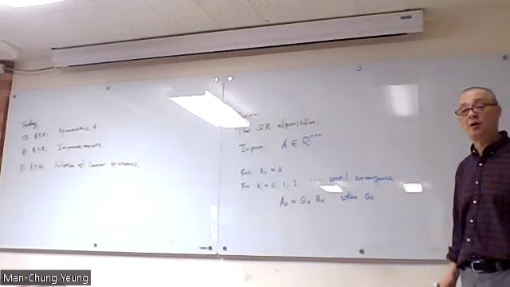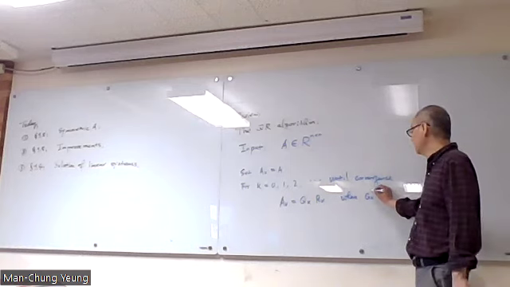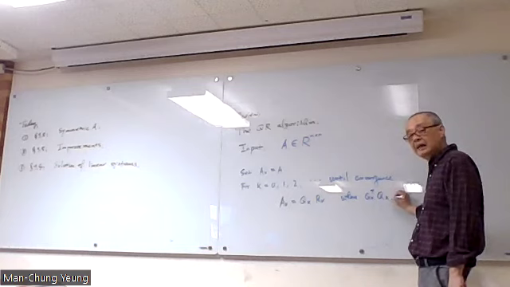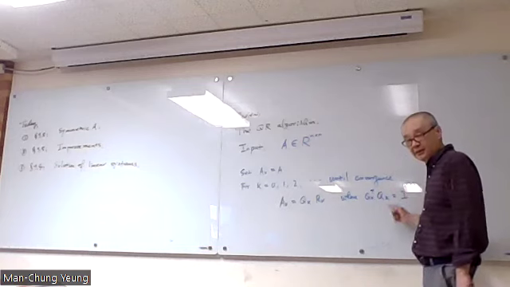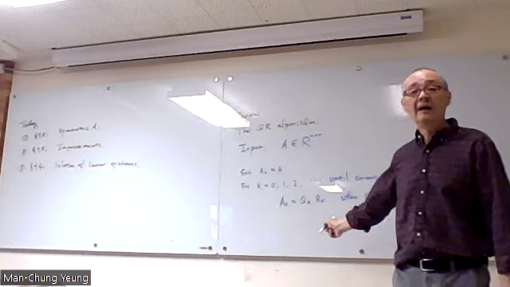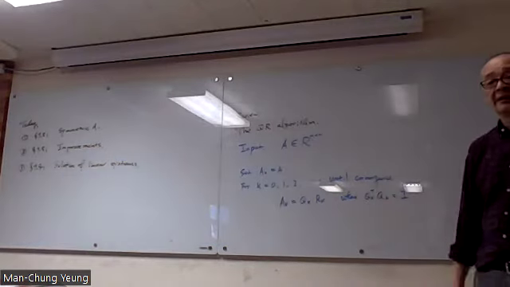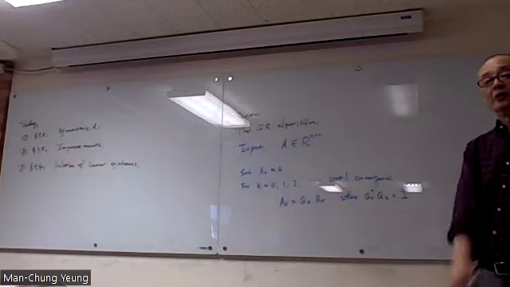What is an orthogonal matrix? The definition is that Q transpose times Q is the identity matrix. When a matrix has this property, we call it an orthogonal matrix.